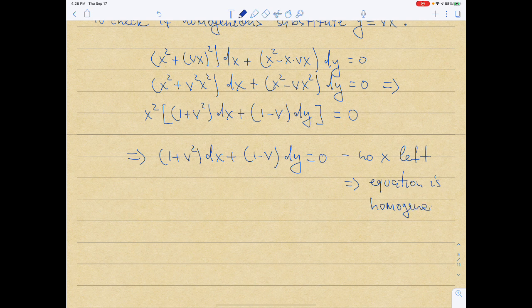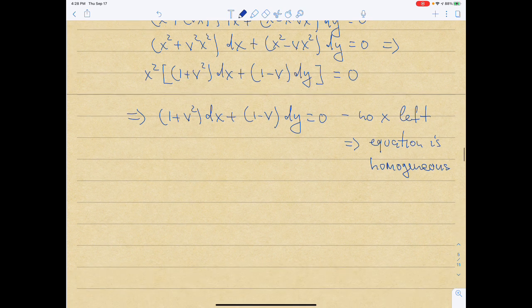All right, so if it is homogeneous, then what we do is we finish the substitution. And to finish the substitution, we need to replace the derivative of y with respect to x by the derivative of v with respect to x.